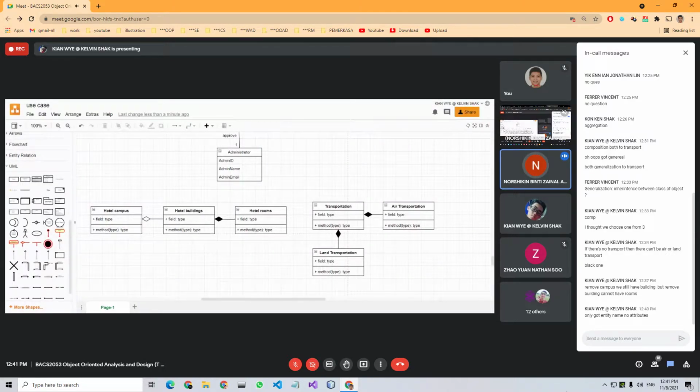But if I remove the building, I will remove the room as well. Your explanation just now explains your diagram here. As you can see in the message box, he already explained the association, the relationship between his classes.